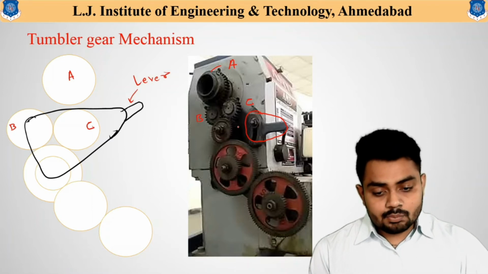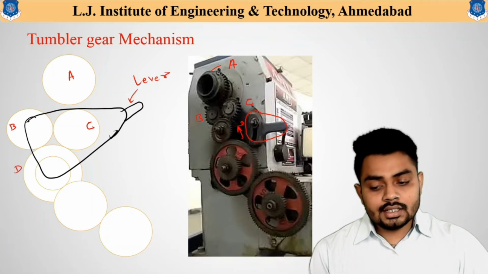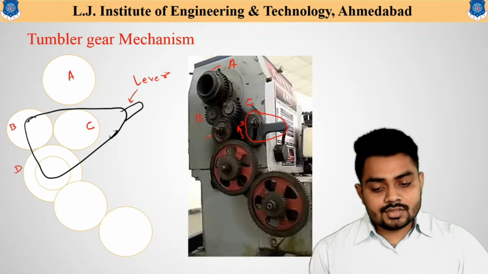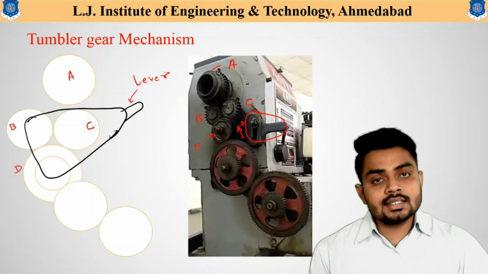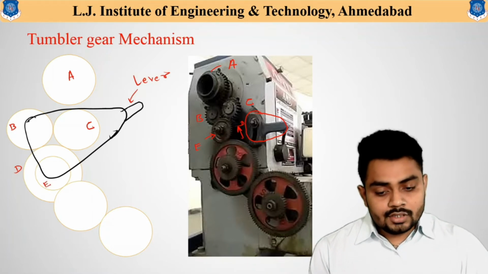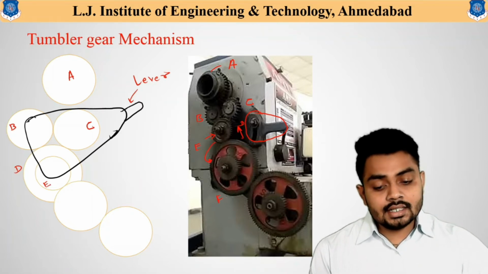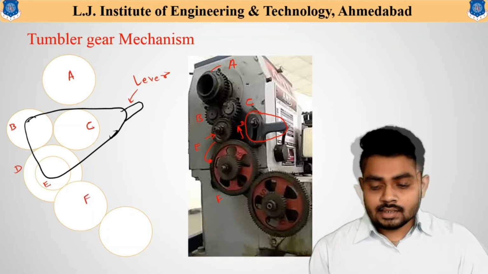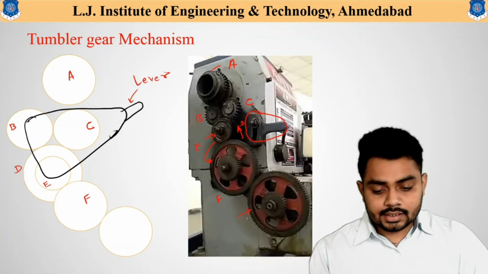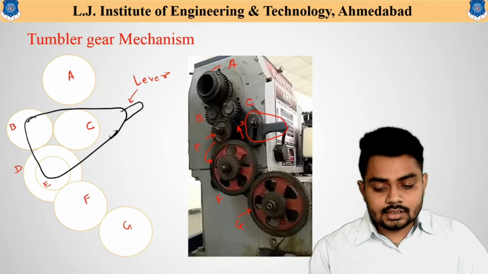As you can see, at the back end another gear is available, and this gear is called gear D. As there are two gears available on the same shaft, let us name the other outer gear as gear E. With this outer gear E, another gear is connected, and let us name it gear F. Similarly, at this end portion, the last gear connected to F is gear G.